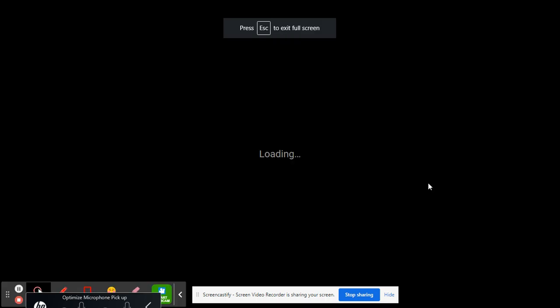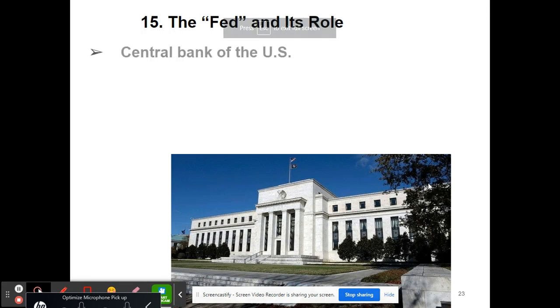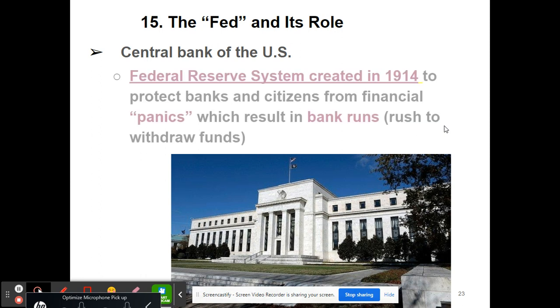As stated on the previous slideshow, the Fed is the Federal Reserve System, and it's basically the central bank of the U.S. This is it. The X was because they had a Fed, then they didn't have a Fed, then they had a Fed, they didn't have a Fed, because the first and second banks of the U.S. didn't last. But the Federal Reserve System has lasted and will last.